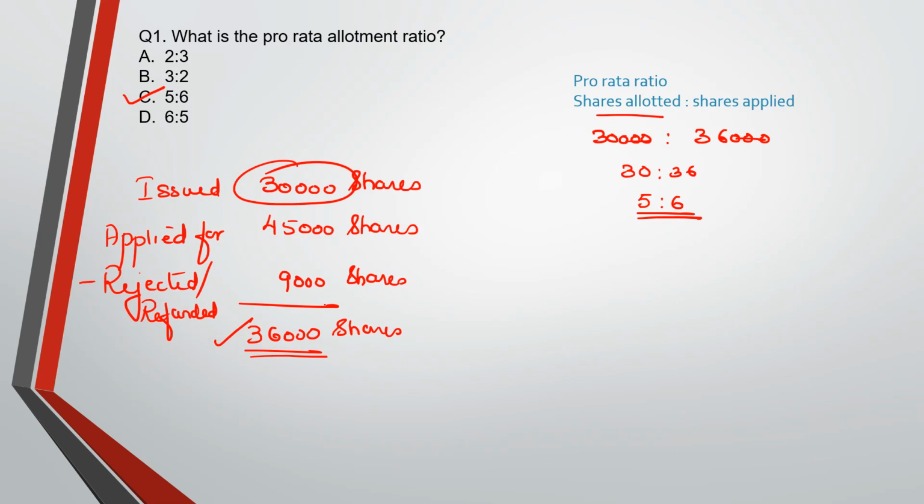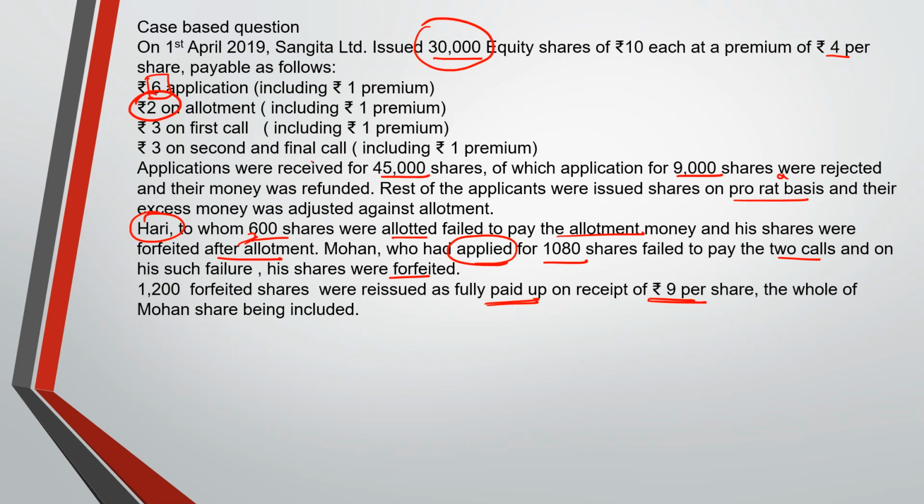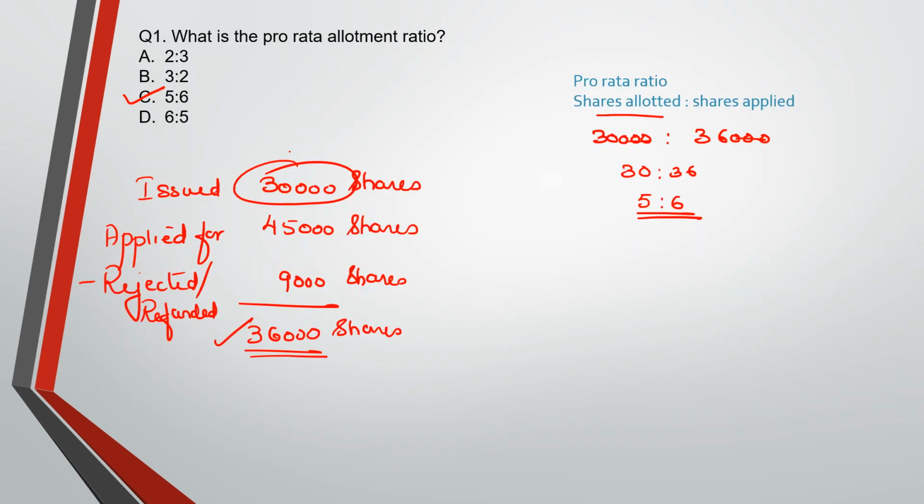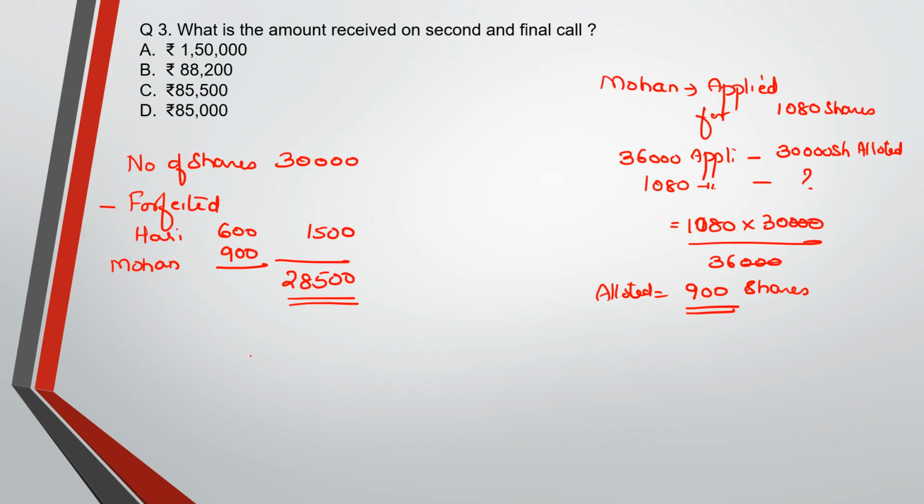Now, at the second and final call stage, the amount that is supposed to be received was 3 rupees. So if you take 28,500 into 3, you will have 85,500. This is the amount received on second and final call.